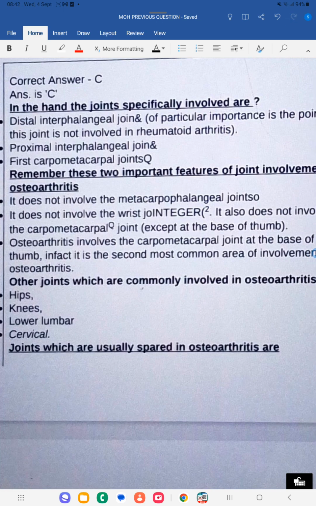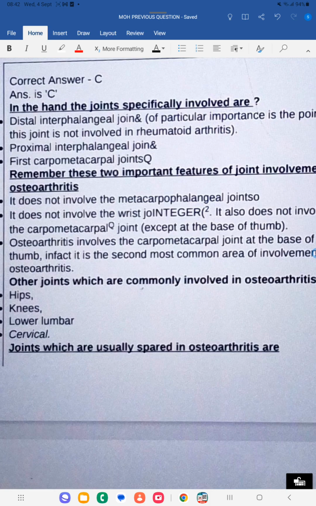At the carpometacarpal joint at the base of the thumb they can get osteoarthritis, but it is the least common. It can affect it, but not at first. Later, in the chronic stages, you will get OA in the carpometacarpal joint.